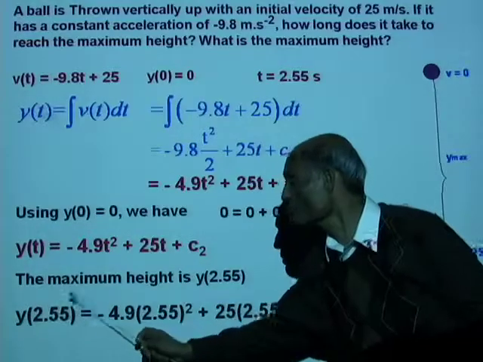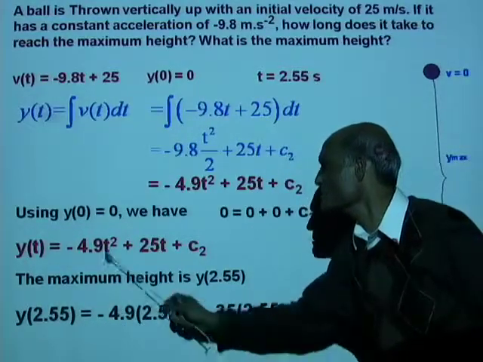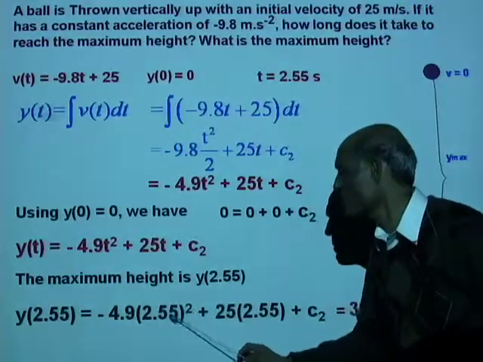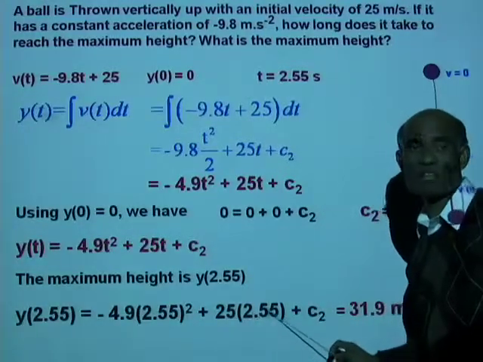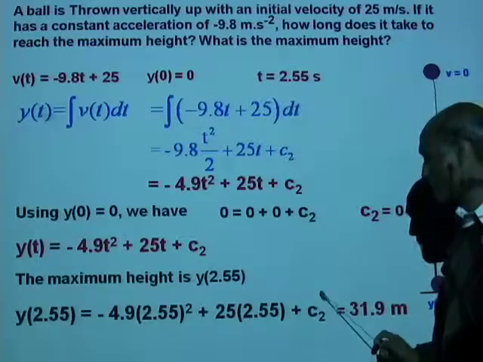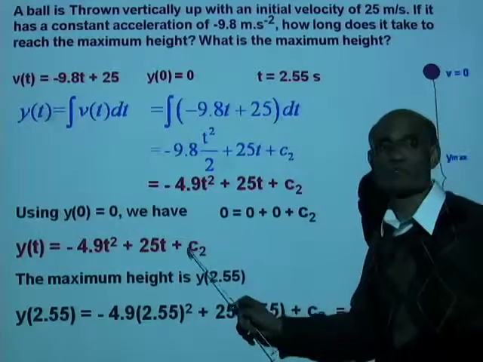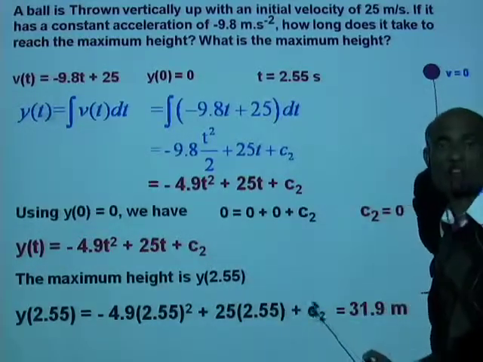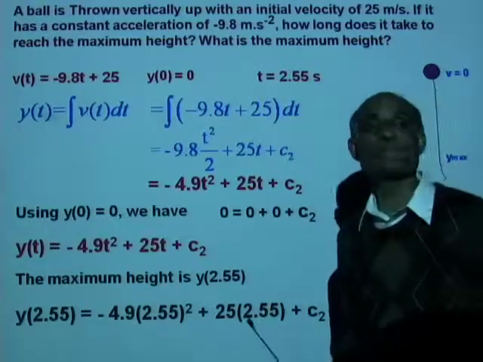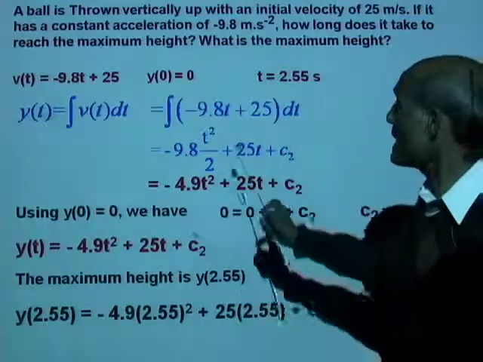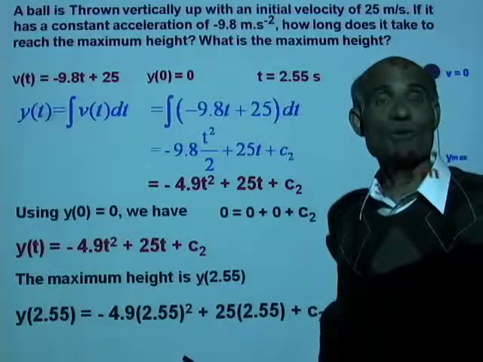So y of 2.55 is negative 4.9 times 2.55 squared plus 25 times 2.55, plus, of course, c2 is 0. We have shown that c2 is 0. So that will be 31.9 meters. All right, try and do this problem on your own one more time.